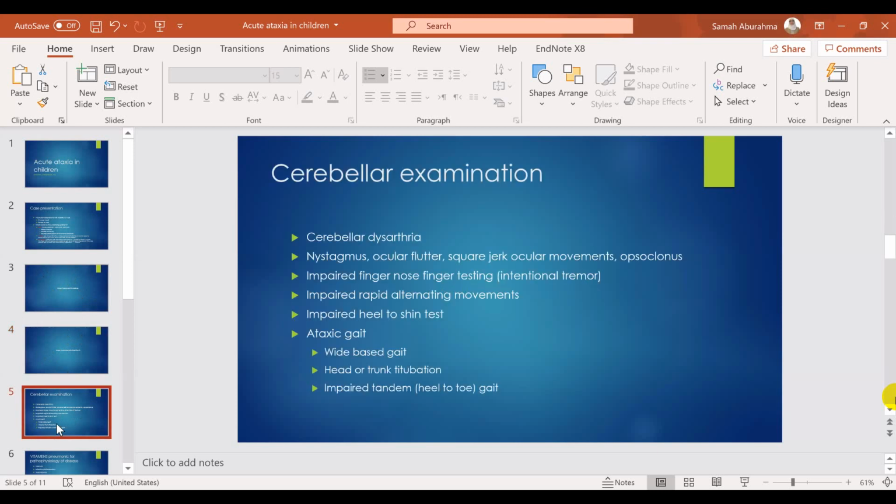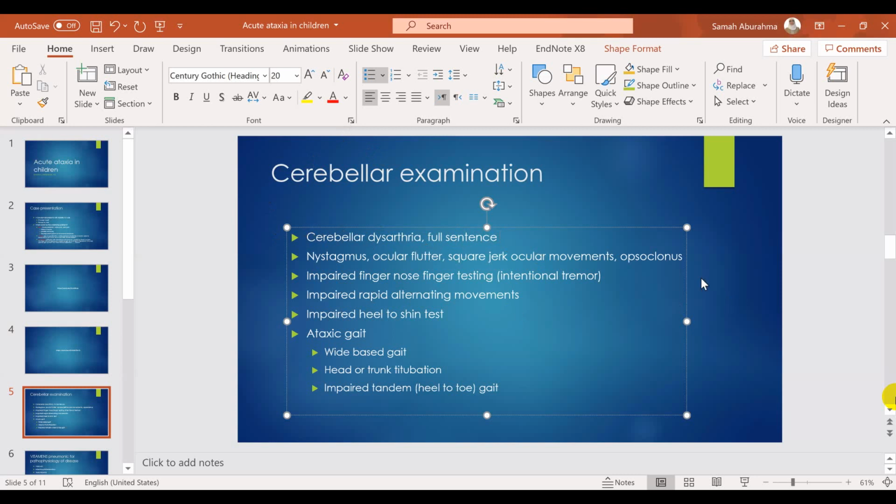Cerebellar examination, as one of your colleagues mentioned. How do you do a cerebellar exam? The first thing is you ask the patient to say a full sentence, for example their name in full, but try to avoid yes/no questions, so that you can hear the patient speak. With cerebellar disease, you will have something called cerebellar dysarthria. Again, it is very similar to talking while under the influence of alcohol.